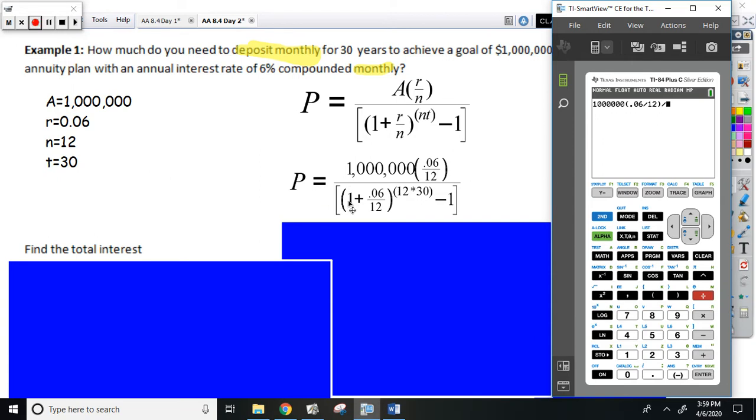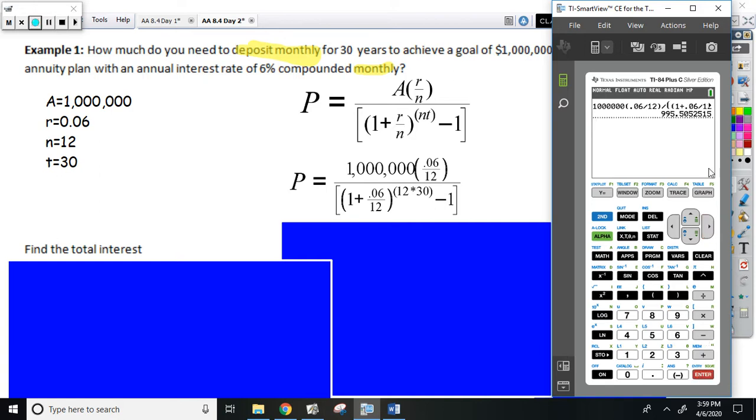In the bottom, we need 2 open parentheses. Close them once. We need our exponent, our caret, 12 times 30. Close that. Make sure you arrow over to get out of your exponent and then put your -1.